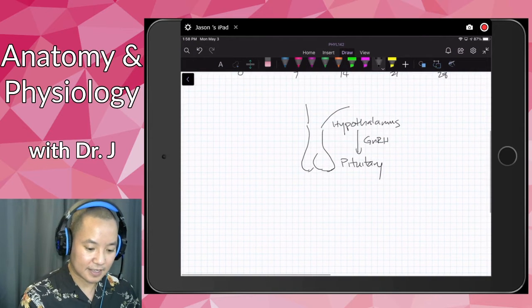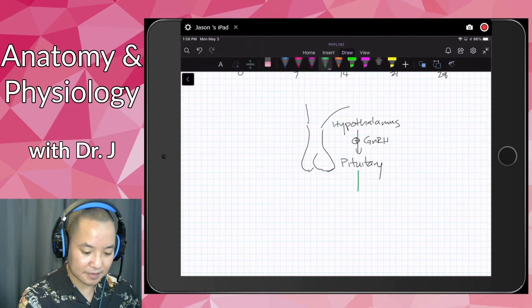And that positively stimulates the pituitary. And then that pituitary is going to release FSH and LH.